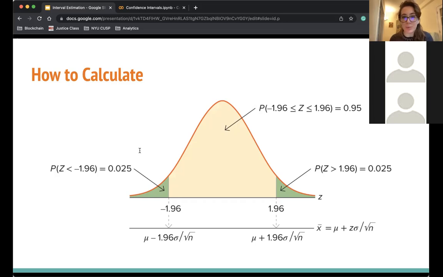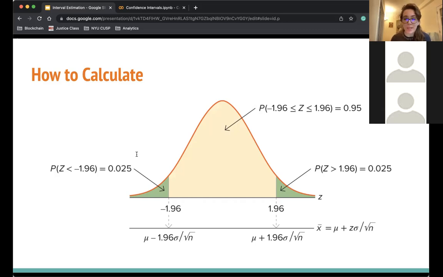We're simply implying that if numerous samples of size n are drawn from a given population, then 95% of the intervals formed by this formula will contain the real value of mu.